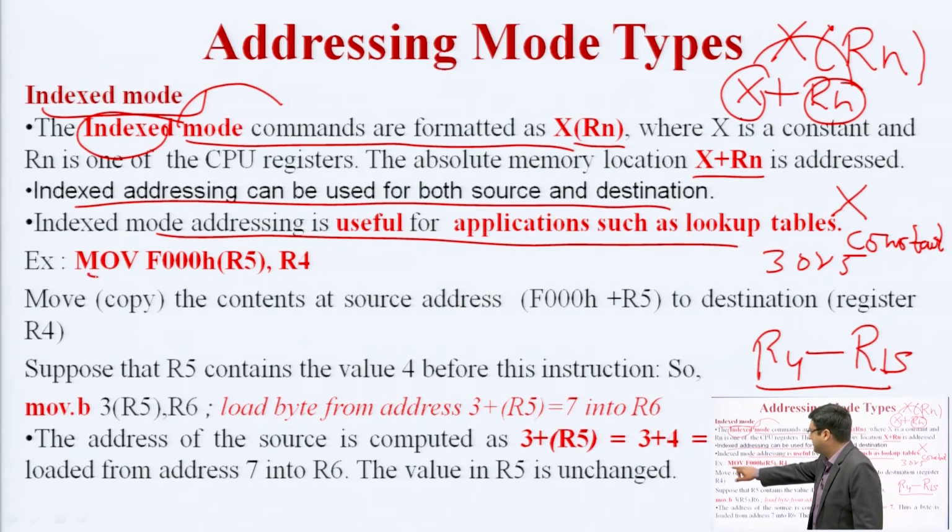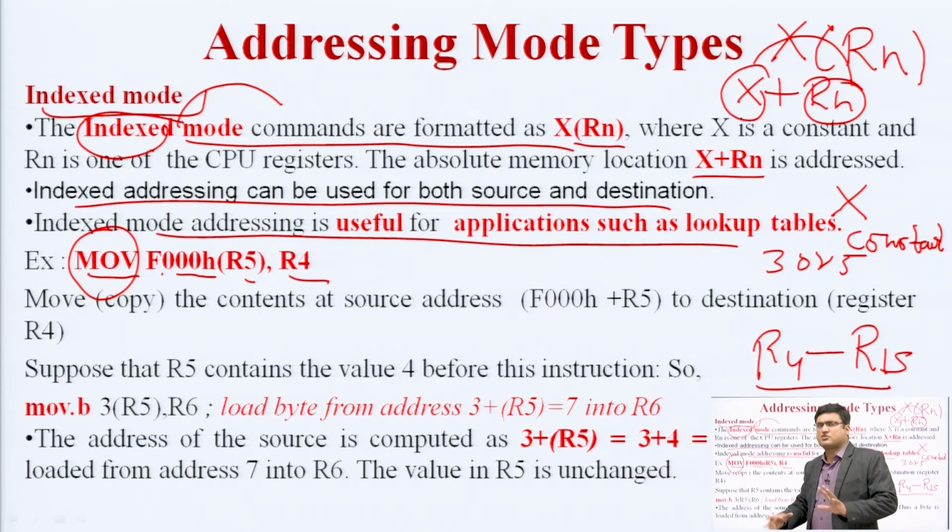For example, this is MOV F000H(R5), R4. What does it mean? MOV is the opcode. It tells that we have to move something in our processor. F000H: the MSP430 has a 20-bit addressing mode, so it has an addressability of 2 to the power 20.